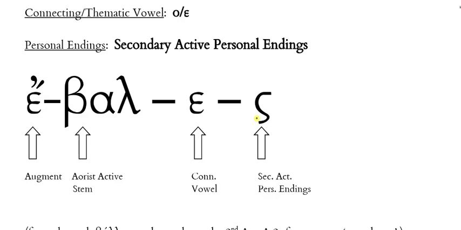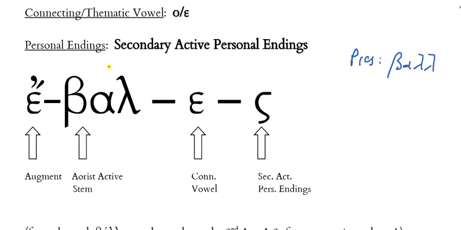We have ebalis. And what does this consist of? Well, here's our component parts. Our augment, the aorist active stem is ball. Notice that in the present stem, it was what? It's that double lambda. So ball, double lambda. Aorist stem, single lambda. Just like the future had a single lambda.